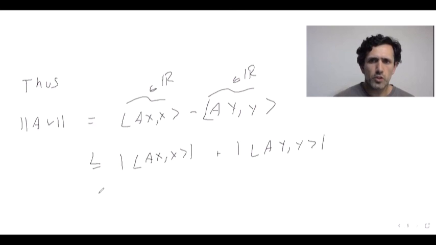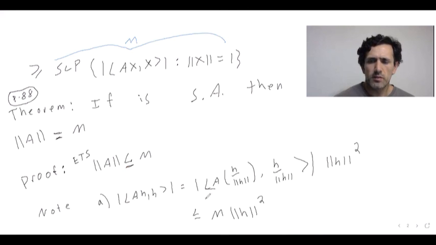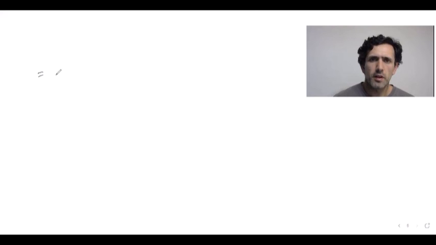Okay, so let's use the bound on A twice. This is going to be less than or equal to M norm of X squared plus M norm of Y squared. And this, well, let's use the parallelogram law.